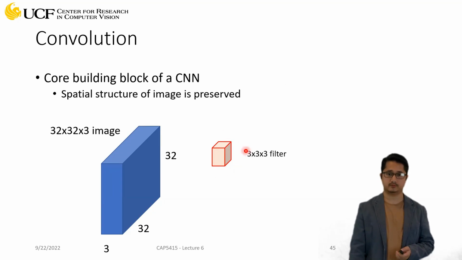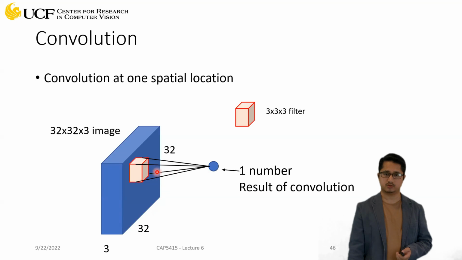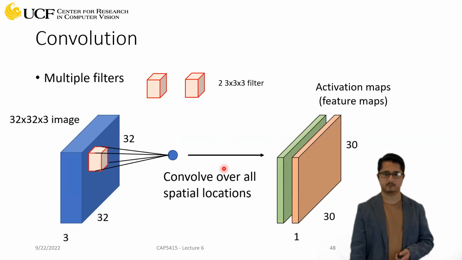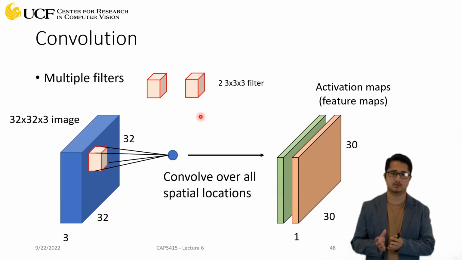This is showing one filter, which is applied at all the possible locations of this input. For each location, we get one response, so we collect the responses from all the locations to get an activation map. Of course, we have multiple such kernels, and that's how we go from volume to volume. These kernels form a layer inside your convolutional neural network.